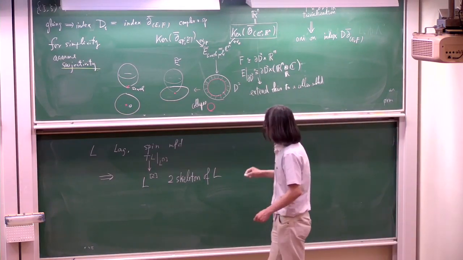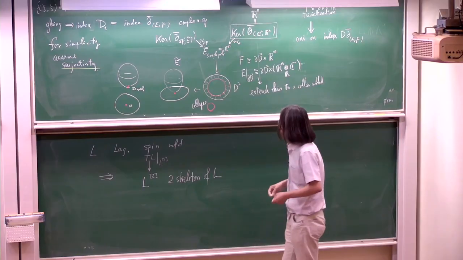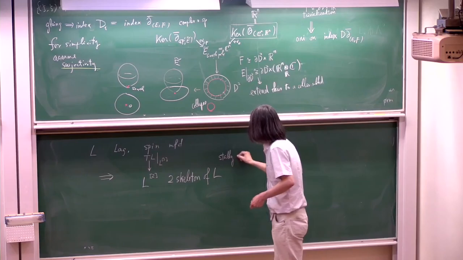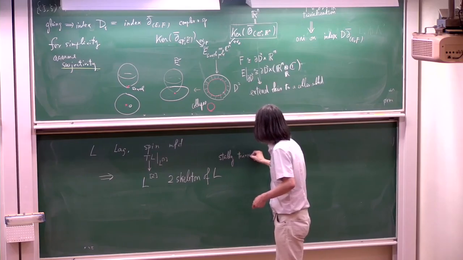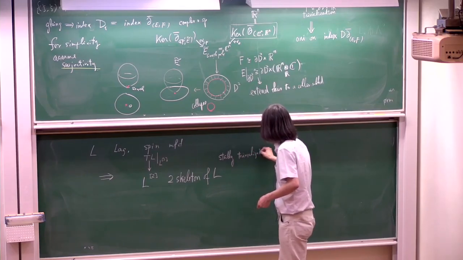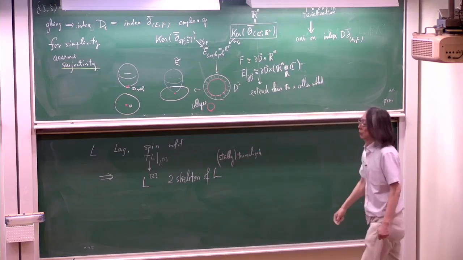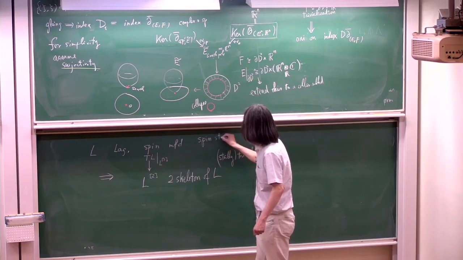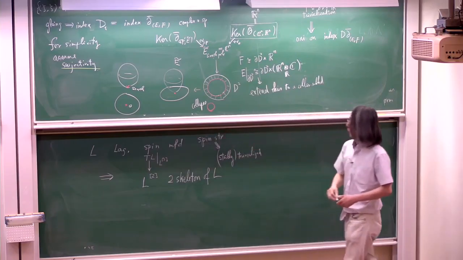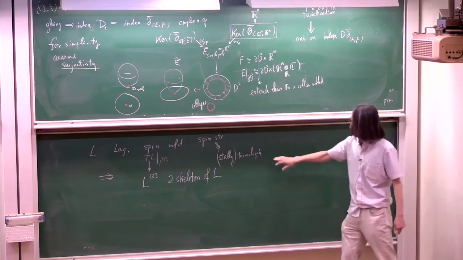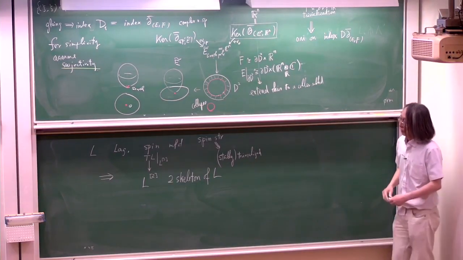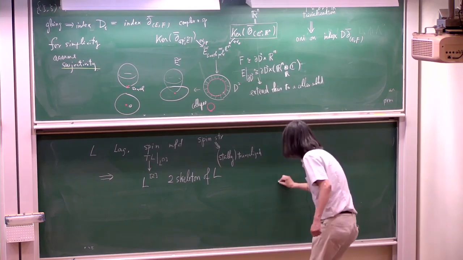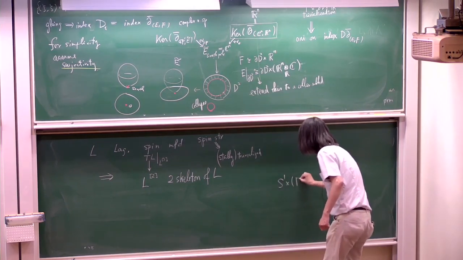In general, maybe I have to add one more trivial bundle, but anyway, this is stably trivialized. So this spin structure gives you a certain stable trivialization. And so then, in the end, I just finished by this.